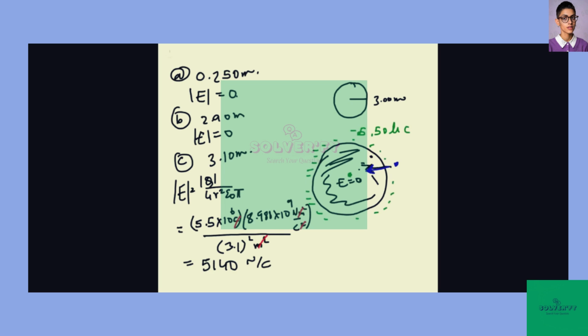Similarly, for part D, we are looking at distance 8 meters. So again, it's as if we have a charge of minus 5.5 microcoulombs, and at 8 meters distance, we are finding the electric field.